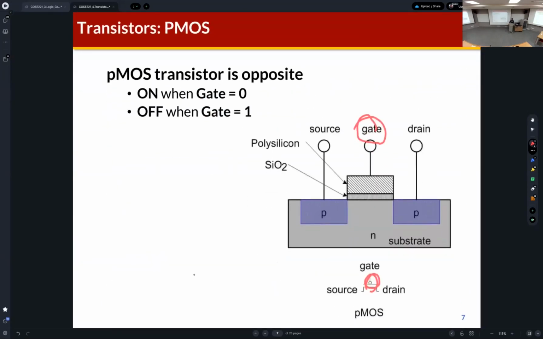And then, as I mentioned, the PMOS transistor includes the bubble, which means inverse. So for the PMOS, if 0 is given to the gate node, it is turned on. And if 1 is given to the gate node, it's turned off.